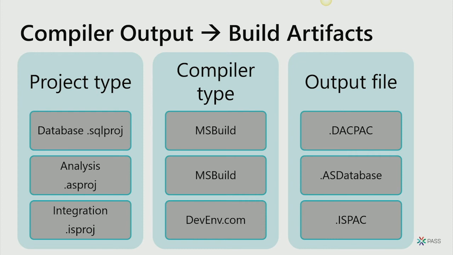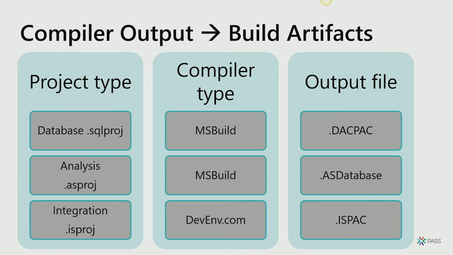When I did the build step in Visual Studio, underneath the covers, Visual Studio has a tool called MSBuild, which will build most project types. SQL database projects and analysis projects are MSBuild compatible, and the output of those 2 is a DACPack file, or in the case of an analysis project, an AS database file.